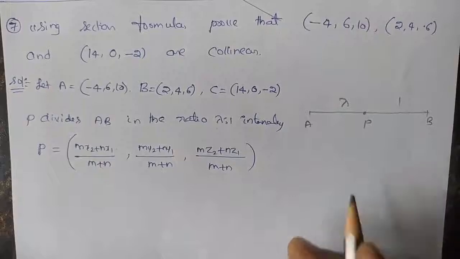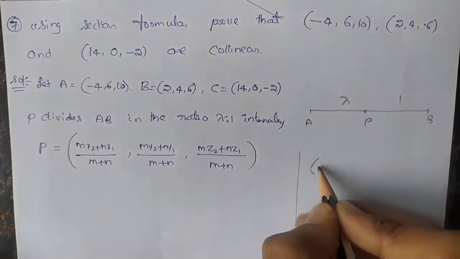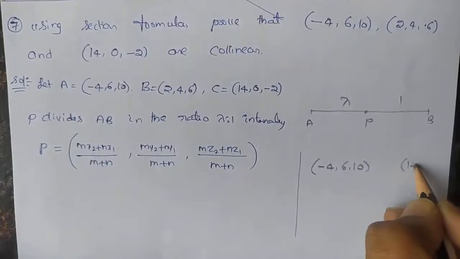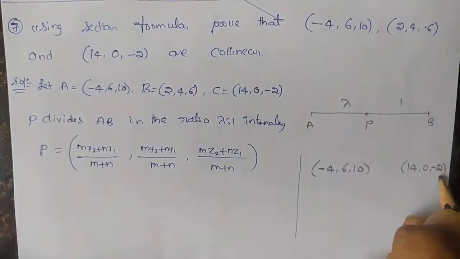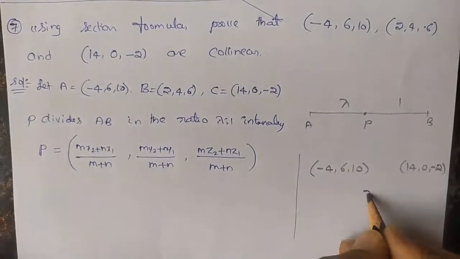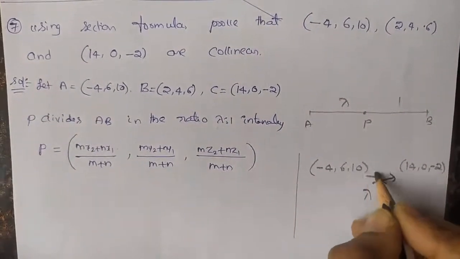Apply the CET method. The point A is -4, 6, 10. Lambda is to 1. Do the cross multiplication.